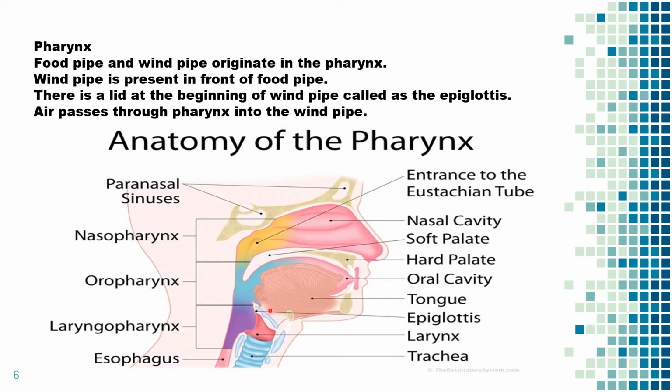If by chance the epiglottis is open, then the food particles gain an entry into the windpipe and we may choke or start coughing. So whenever the food is taken inside, the epiglottis will close the tracheal opening, and therefore the food will move from the mouth into the pharynx and from the pharynx into the food pipe. Air from the pharynx enters into the windpipe.